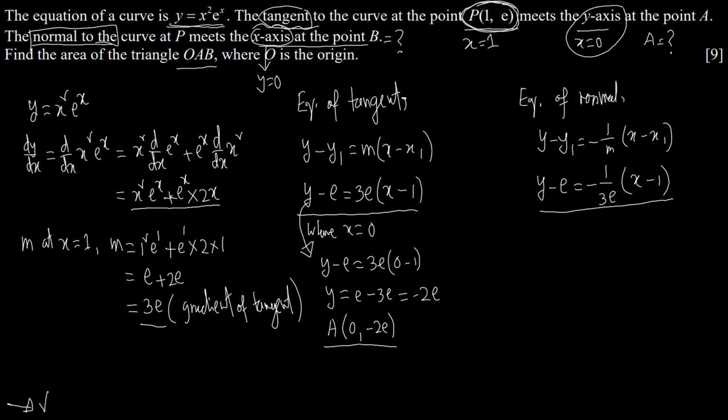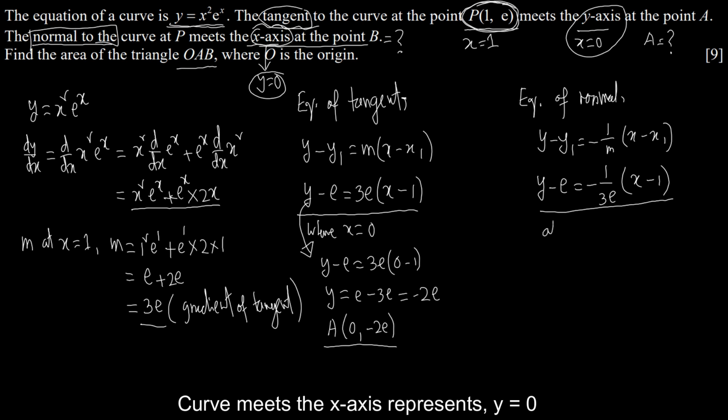Now the normal meets the x-axis, so we need to consider y equals 0, because at the x-axis y equals 0. So we put y equals 0 in our normal equation: 0 minus e equals minus 1 by 3e times x minus 1. We find the value of x from here.